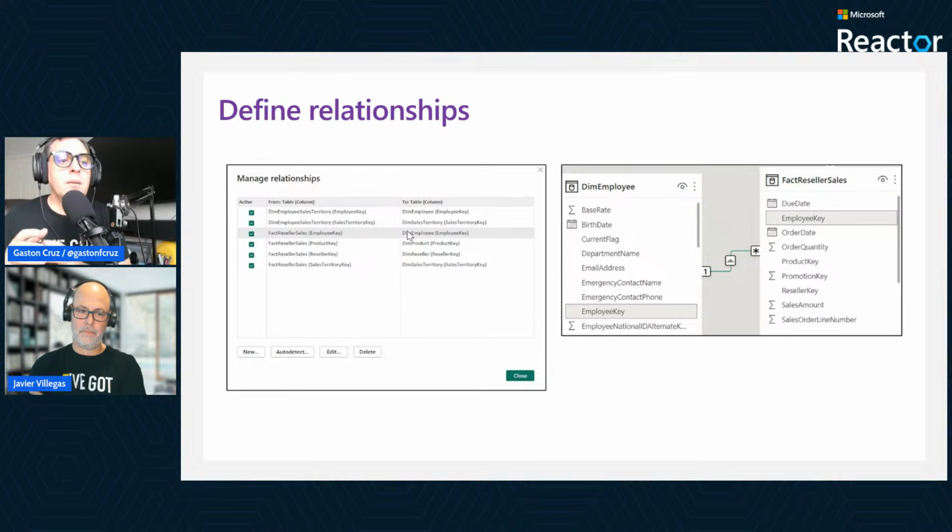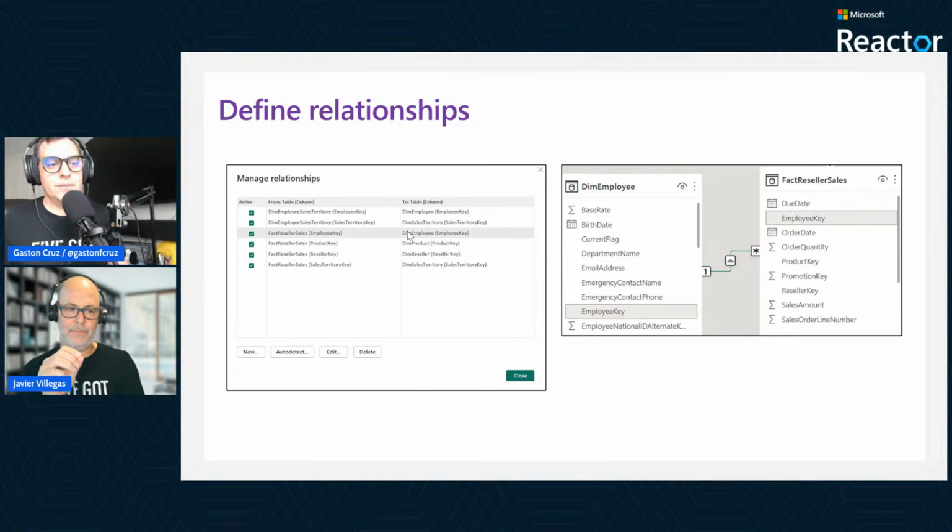You can have many to many relationships. The advice here is, if you are bringing a data model with many to many relationships, try to think a little bit more about it, because sometimes you can break that down into many to one and one to many relationships if you split that relationship into multiple tables. That is a key element to understand for performance.